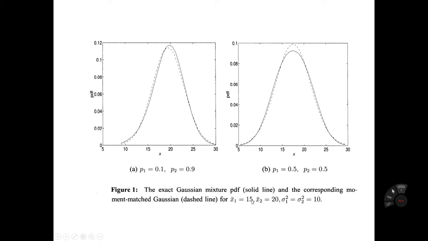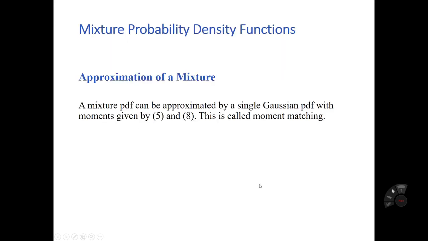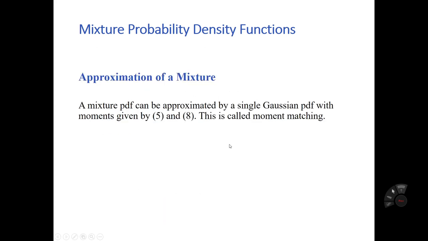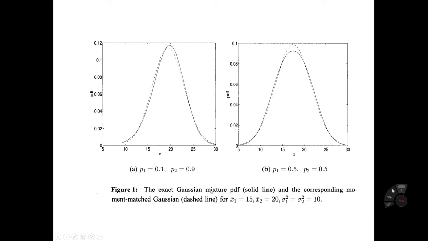If it is not matched, it means that the sum is not equal to 1. If the sum of the probabilities of all events equals 1, then it will definitely match your Gaussian mixture.